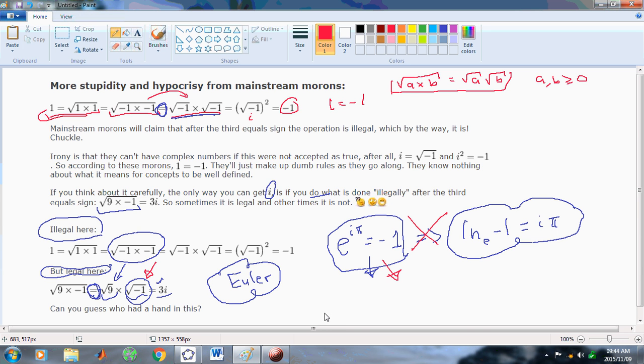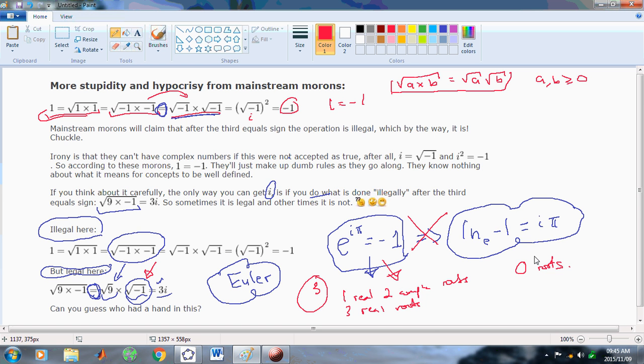For example, if you have a cubic equation, it can have either one real root and two complex roots, or it can have three real roots. So these are the two possibilities in this case here. It can have one real and two complex roots, or three real roots, or even zero roots. No roots at all.